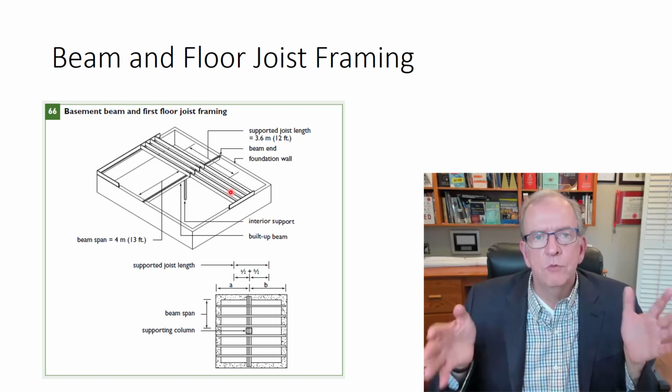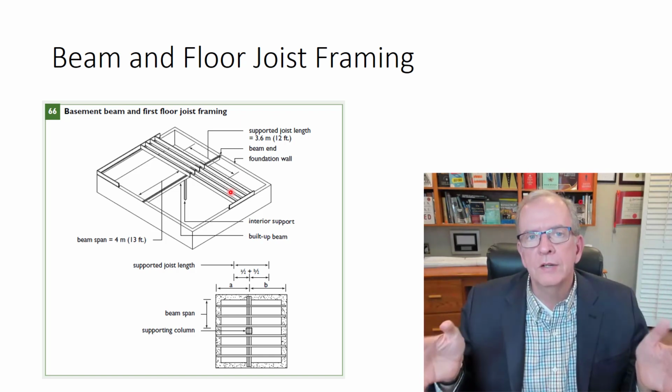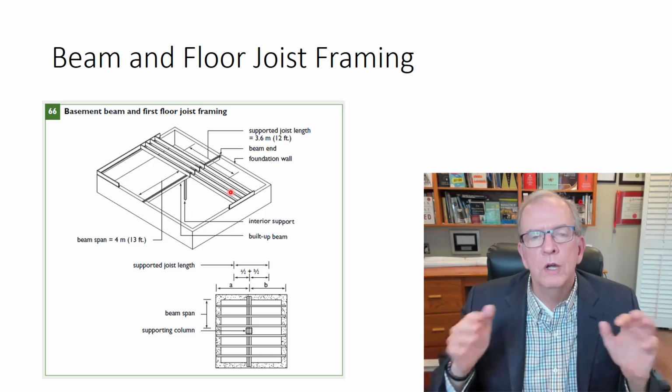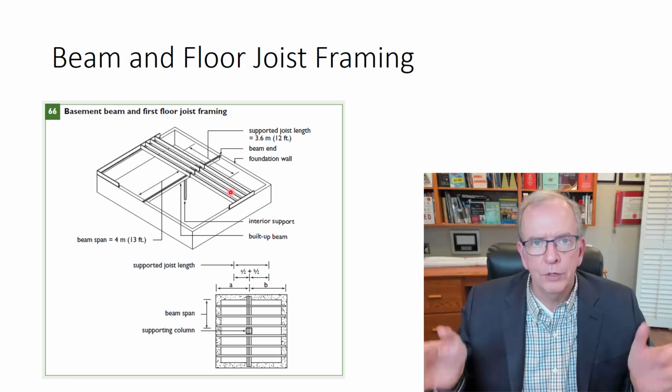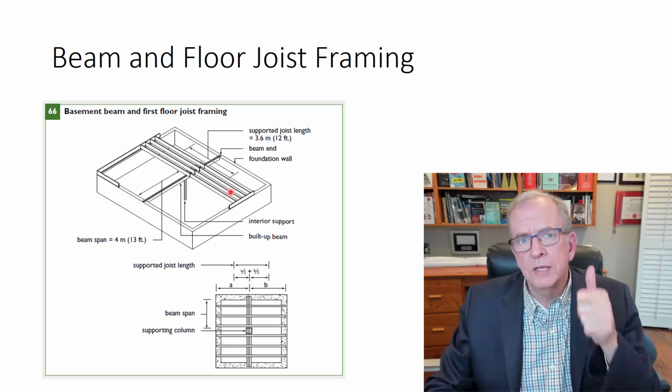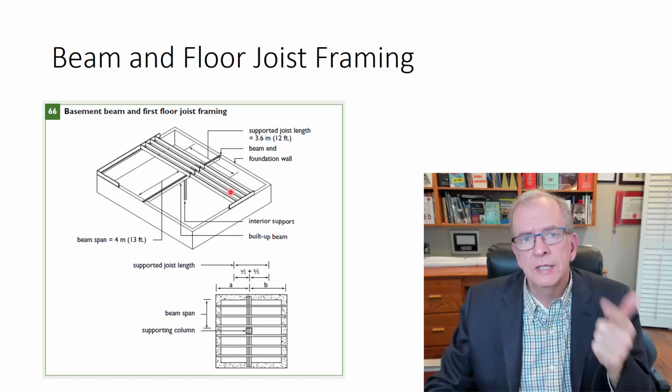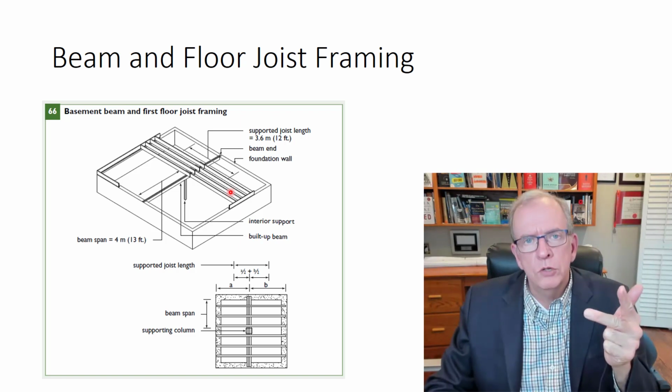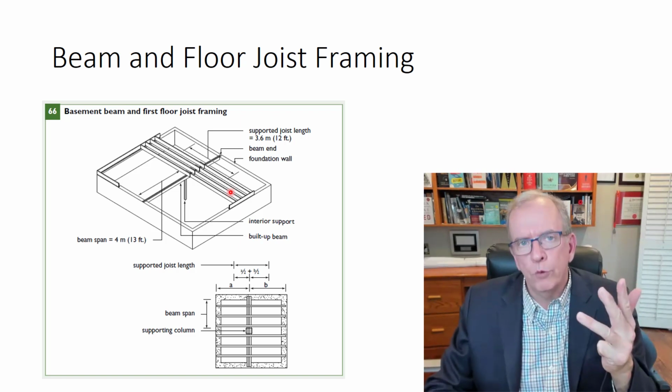The spacing works out so that it will fit standard sizes of plywood, which are 4 foot by 8 foot. Therefore, the standard spacing is 12 inches, 16 inches, a little bit less used, 19.2 inches, and 24 inches.